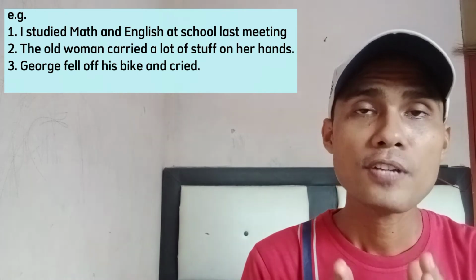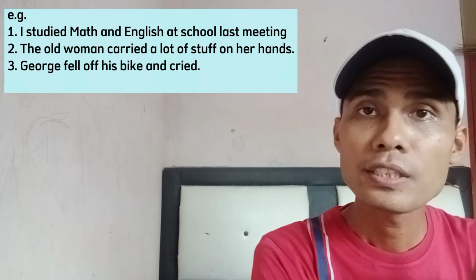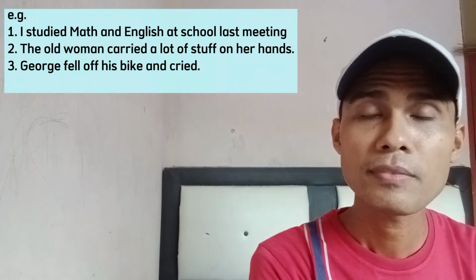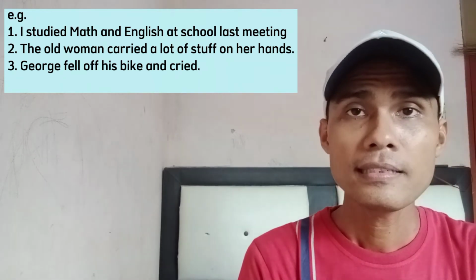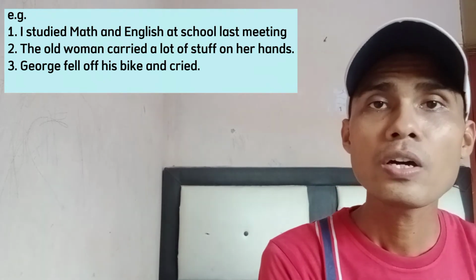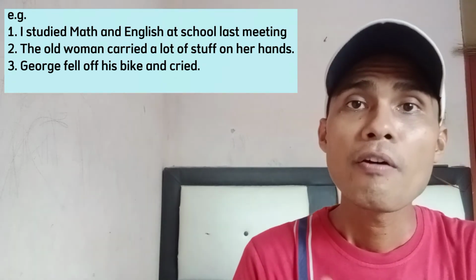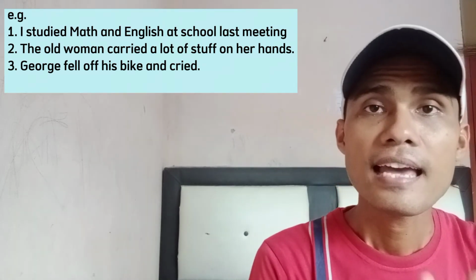I studied math and English at school last meeting. The old woman carried a lot of stuff on her hands. George fell off his bike and cried. Well, viewers, those are how to form the verb and how to use it in our sentences to describe activities we did in the past.